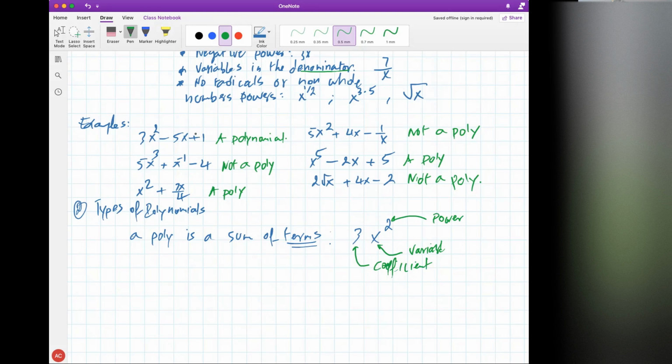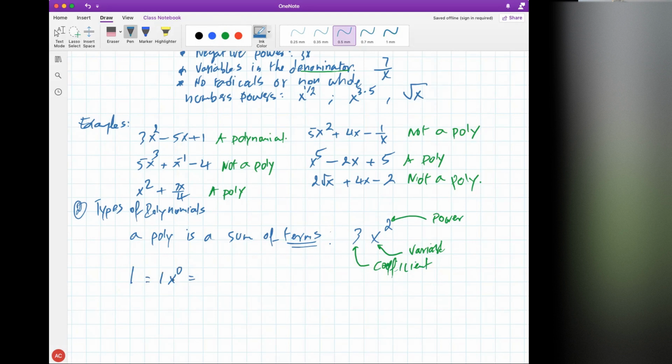Some terms don't have variables. We call them constant terms. As we said previously with algebraic expressions, we have variable terms and constant terms. Constant terms don't change. They don't have a variable. But if you take 1, it is also a term, which we can write like this.